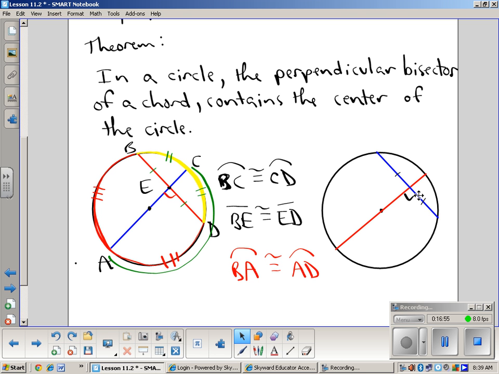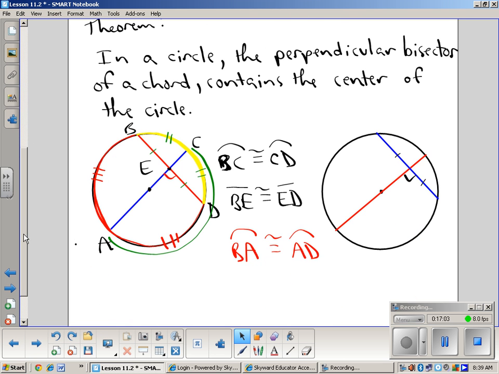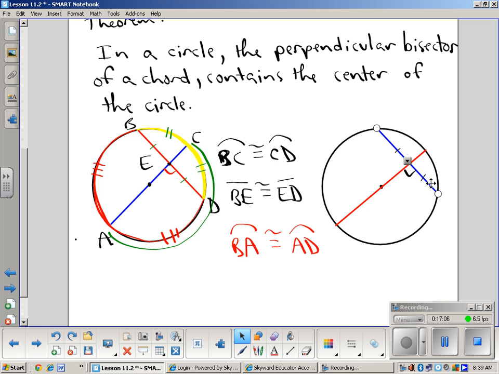Okay? Now, you notice it said that is not a diameter. Okay? If I took this chord and made it a diameter, then this would still be equal to this, wouldn't it? They're radii of the circle, correct?